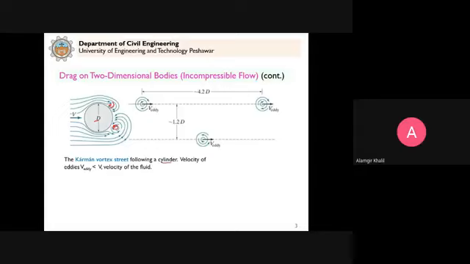So these vortices will form, and then these vortices will shed. You can see here this vortex shed from this cylinder and move in the downstream direction, towards our right, after the flow passes.